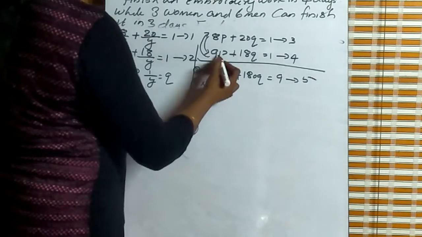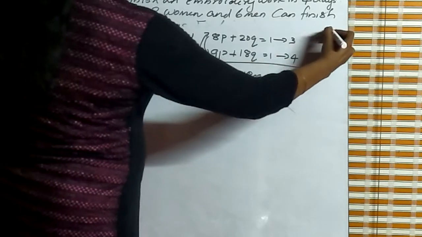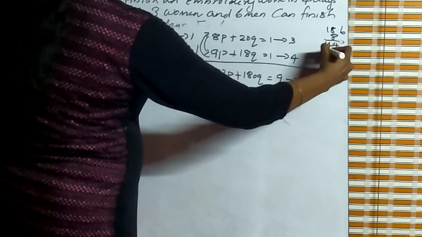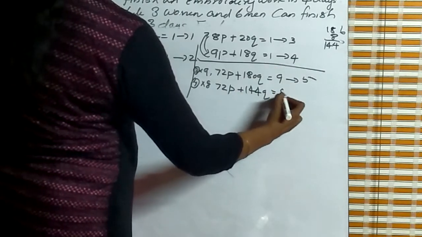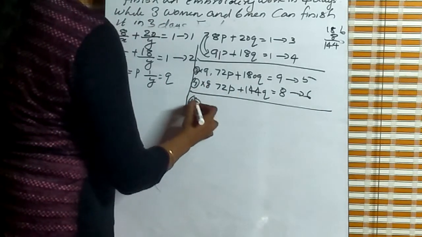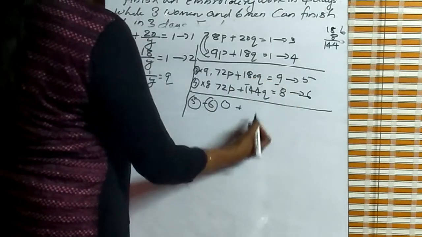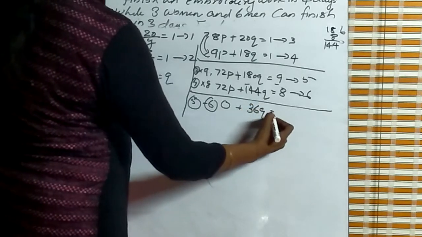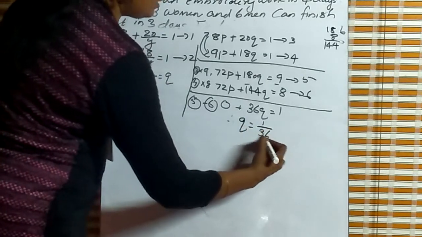Then 9 into 8, 72p plus 18 into 8, 144q is equal to 8. Equation 6. Subtracting 5 minus 6: 0, 180 minus 144, 36q is equal to 1. Therefore, q is equal to 1 by 36.